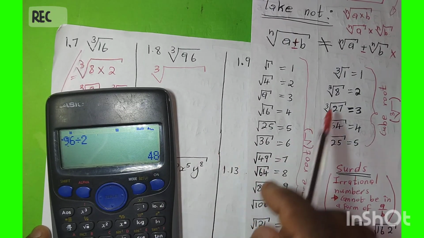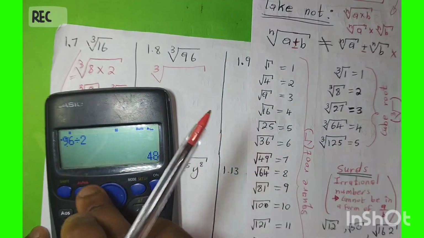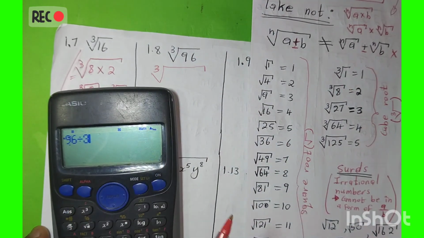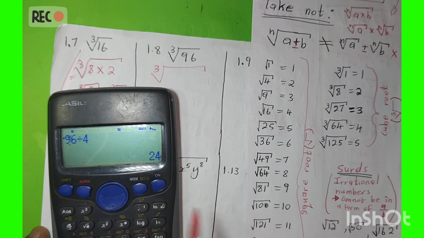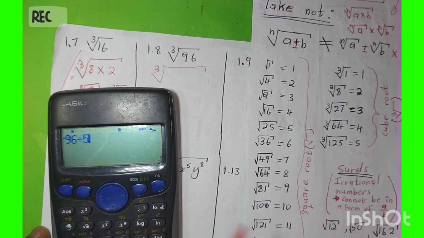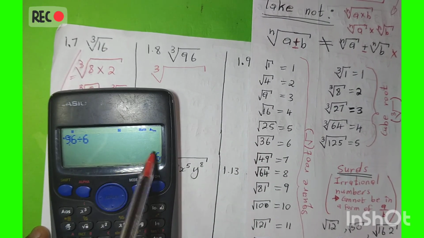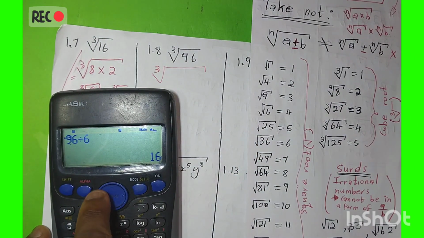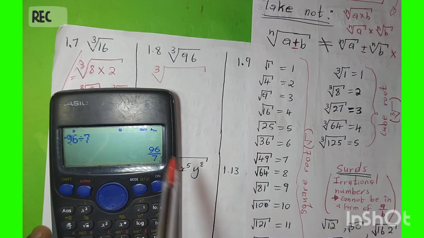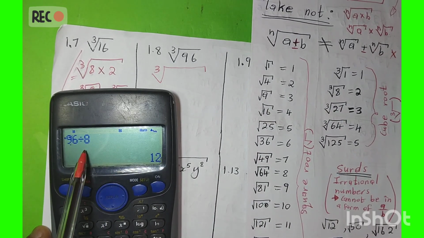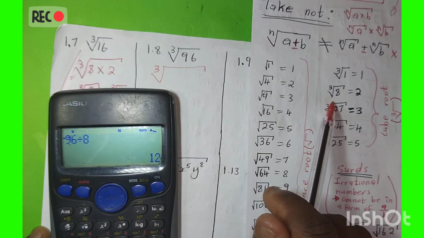This number is not a perfect cube. 3, there is no perfect cube here. Let's try this, there is no perfect cube. 5, there is no perfect cube. This one, no perfect cube. What about 7? No perfect cube. What about 8? If you take note, 8 is a perfect cube.